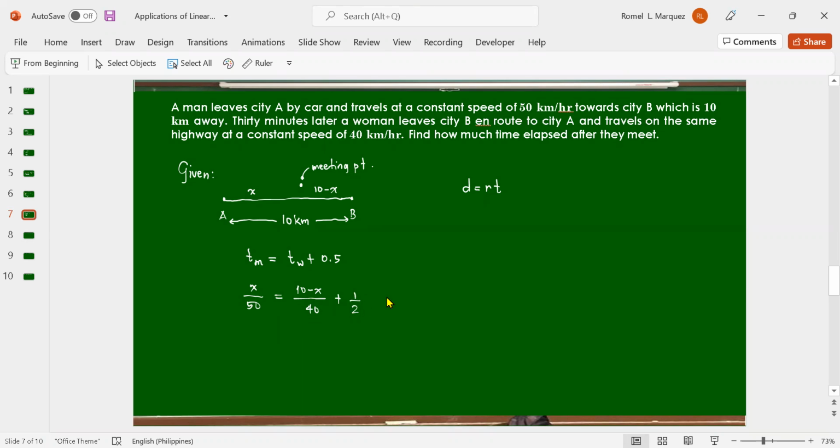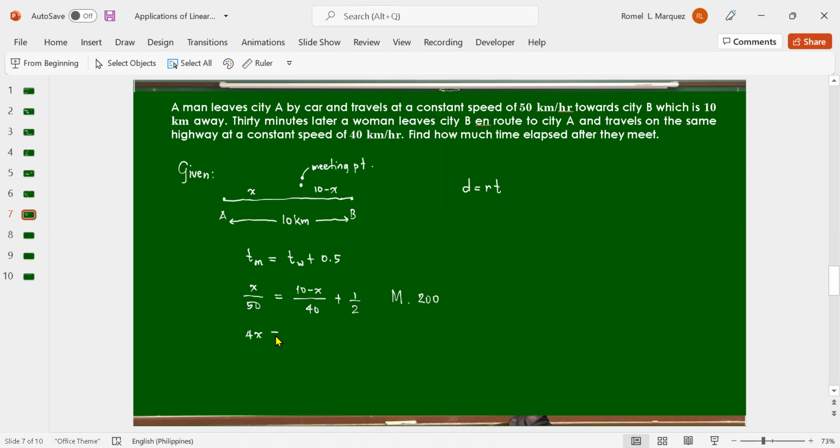Okay? What is our multiplier to this equation? 200, or 2,000. Can we use 200? Yes, multiply by 200. So 200 divided by 50 is 4.